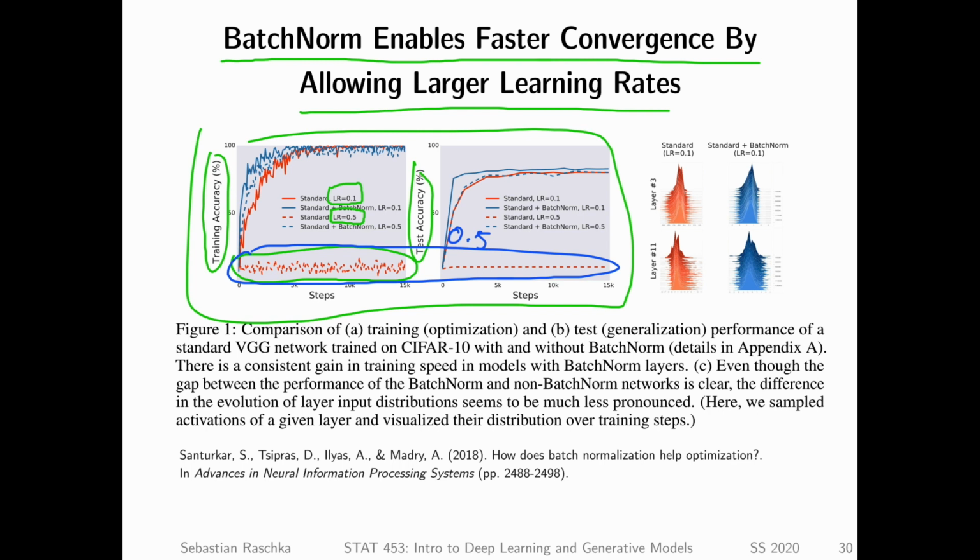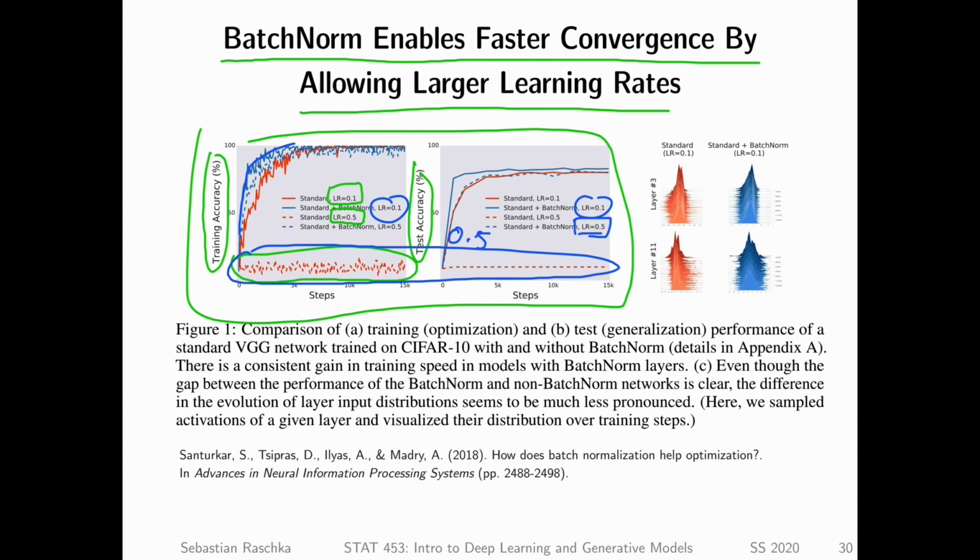What they found is that when they use batch norm, the graphs in blue, they first of all get higher training and test accuracy with learning rate 0.1 compared to the red line. But at the same time, it also allows the network to train with a higher learning rate. You can see that here. In that way, networks with batch norm are more robust to bad learning rate choices, or they can cope with large learning rates.